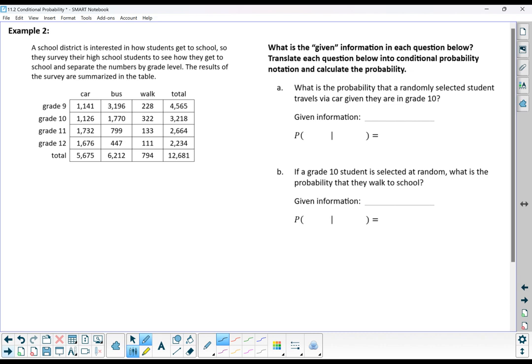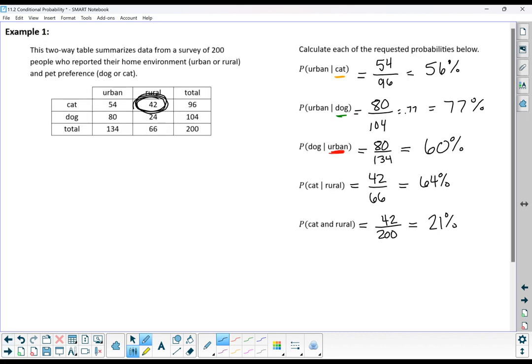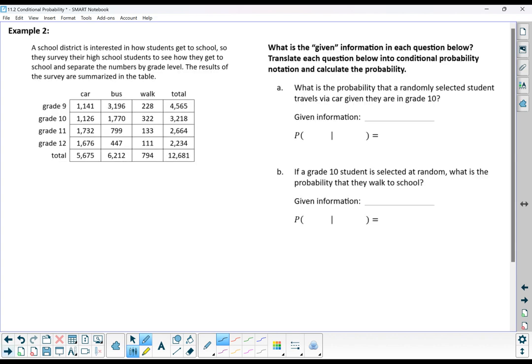Okay, so on this example, I gave you all of these little notation things that told you what to find, but oftentimes you'll be given questions that are just worded. What is the probability that a randomly selected student travels via car given that they're in 10th grade? And there's a lot of different ways that the wording can go.